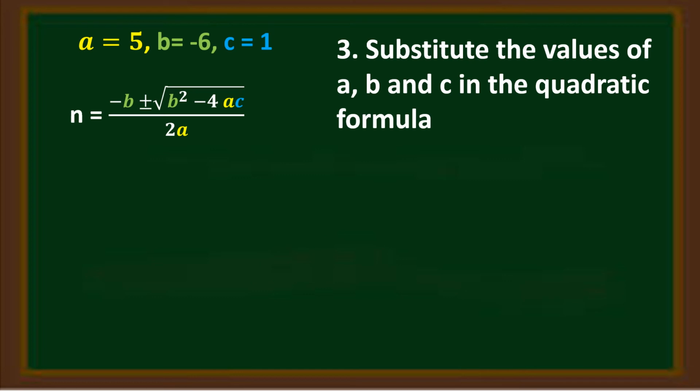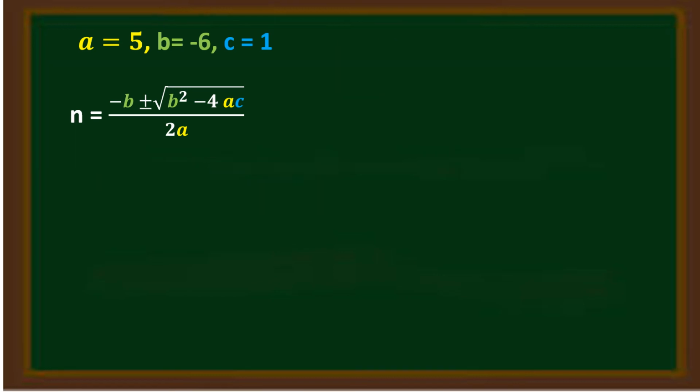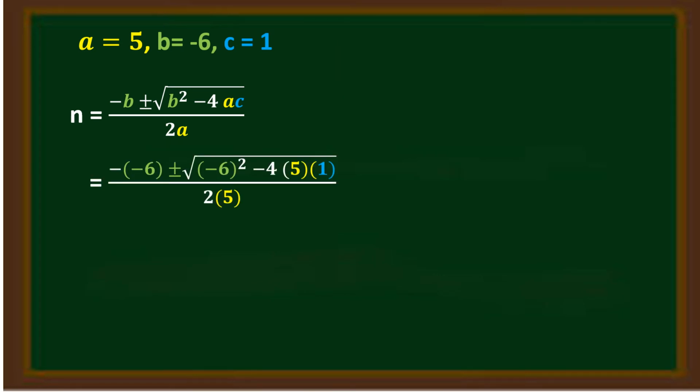Negative b plus or minus the square root of b squared minus 4ac all over 2a. Negative 1 times negative 6 is 6. Negative 6 squared is 36. Negative 4 times 5 times 1 is negative 20. And 2 times 5 is equal to 10.